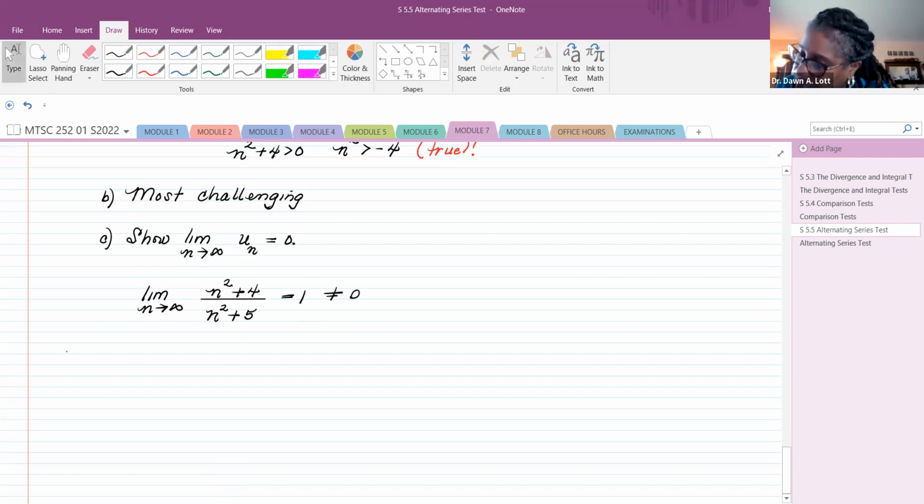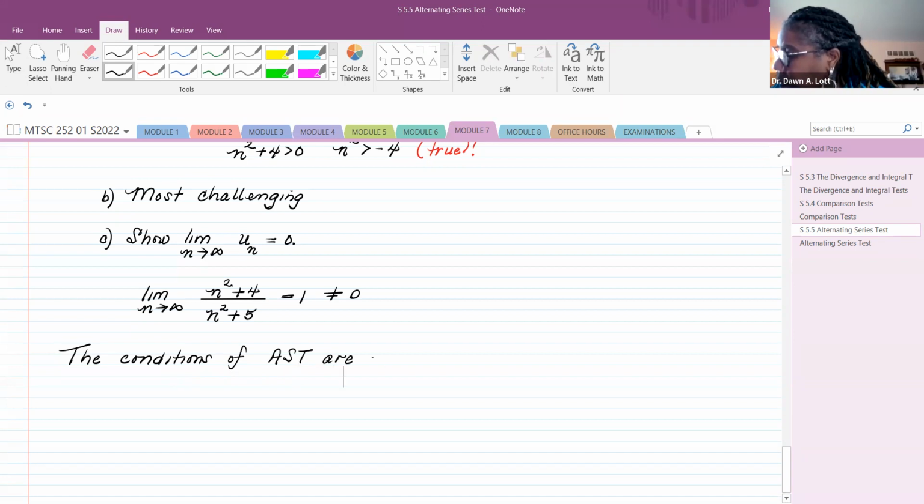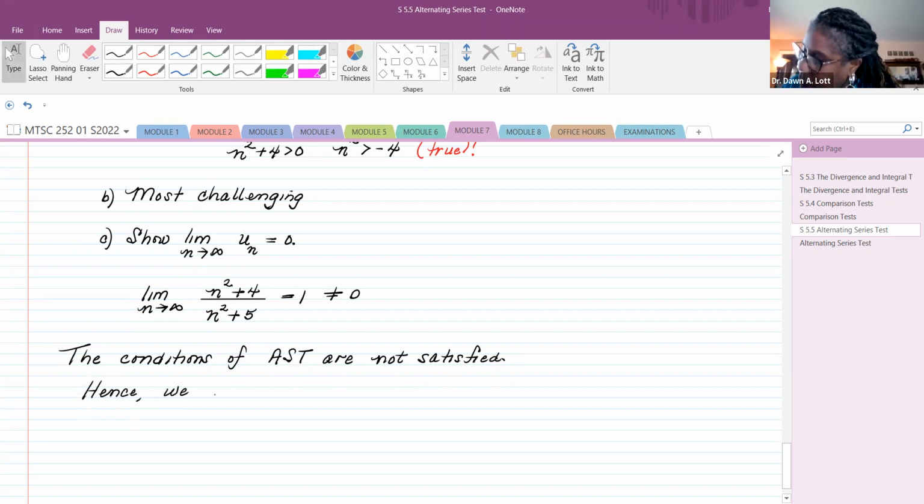All right, so the conditions of the alternating series test are not satisfied. Hence, we cannot conclude that the series converges.